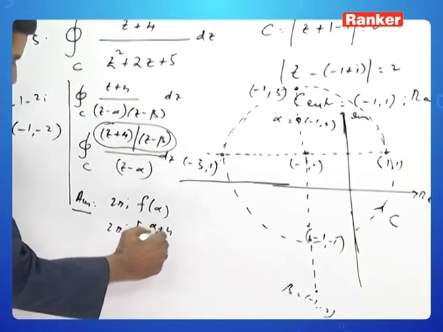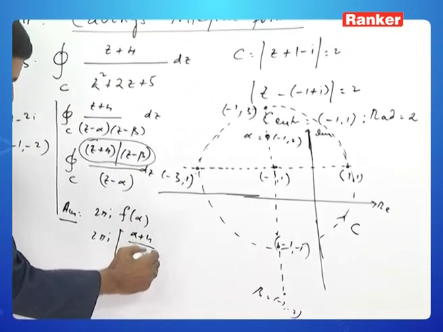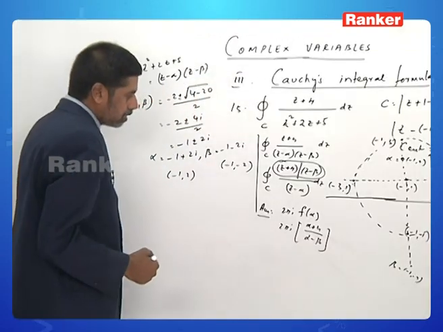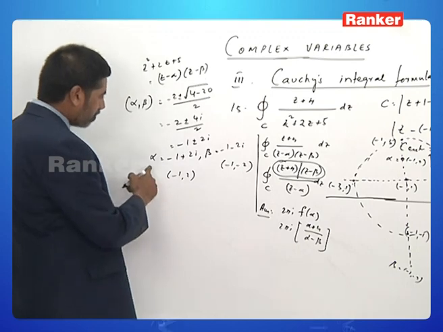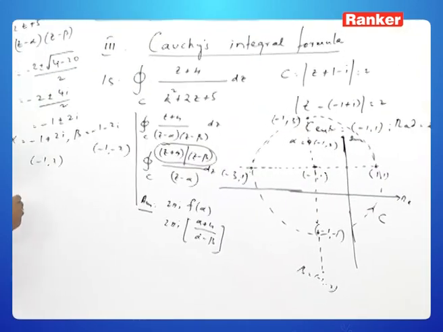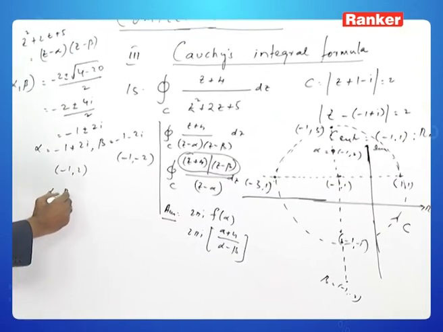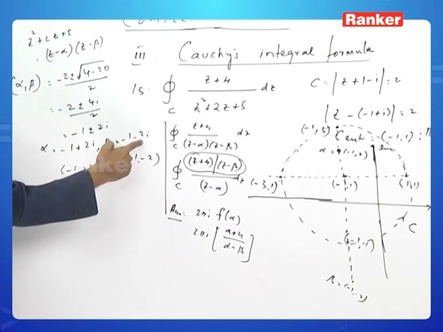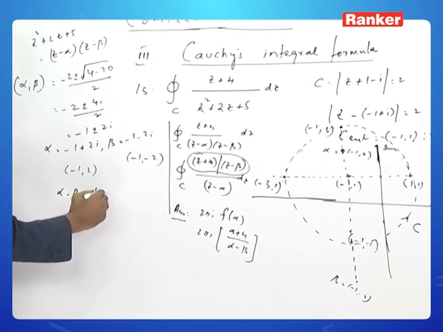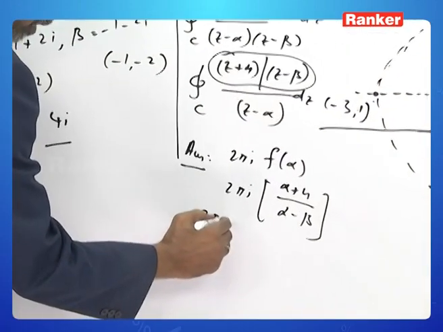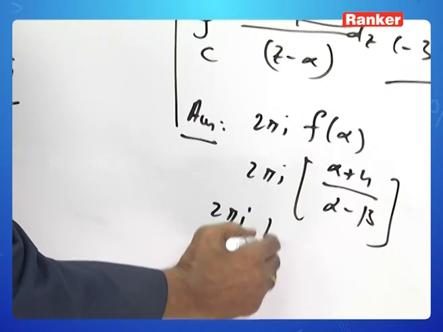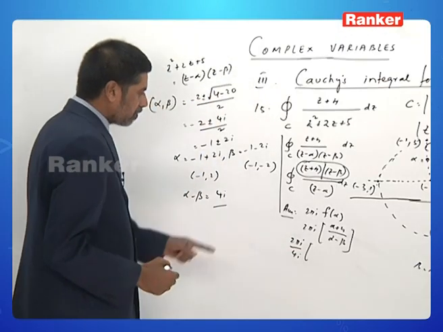This is alpha plus 4 by alpha minus beta. Now we can easily calculate this one because you have alpha and beta from here. So what is alpha minus beta? This will be this minus that, so you will get 4i. So this will be 2 pi i by 4i into alpha plus 4.